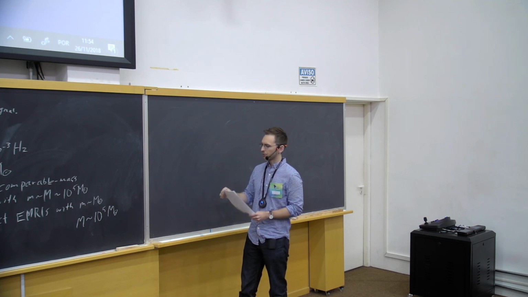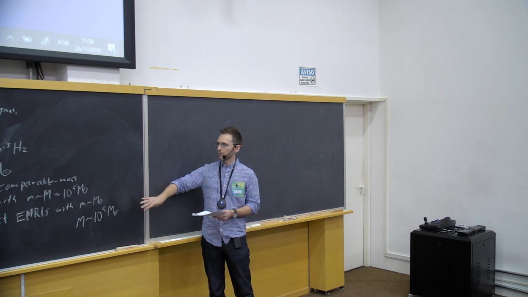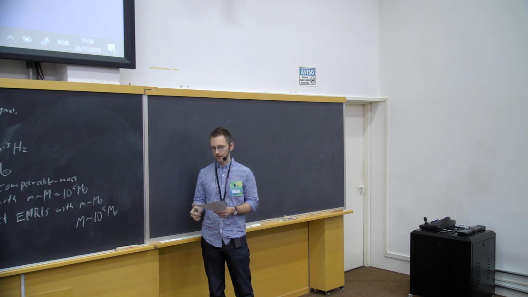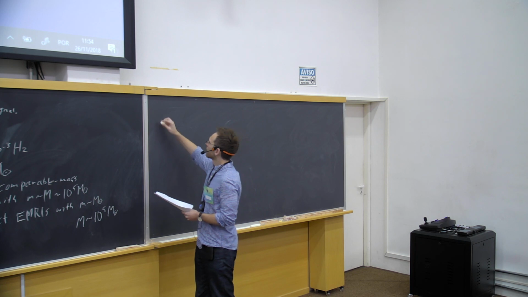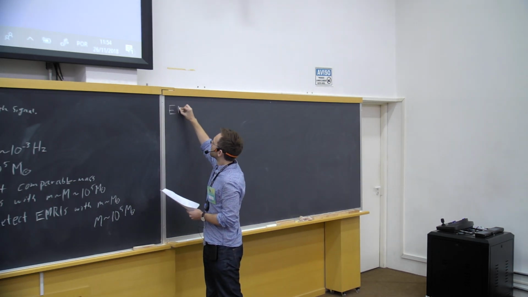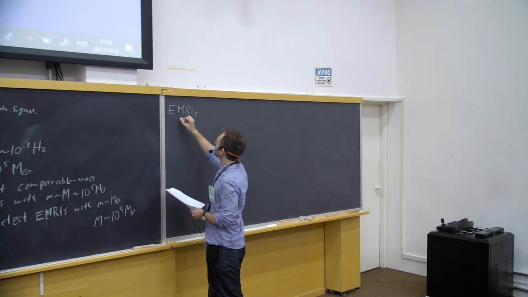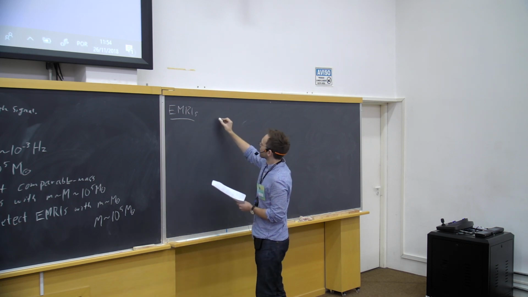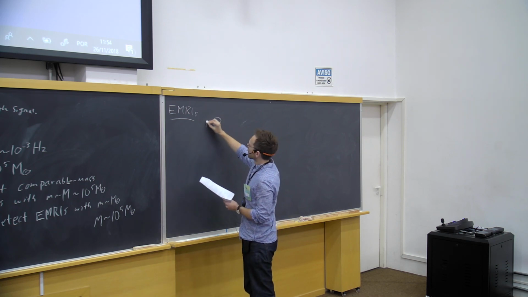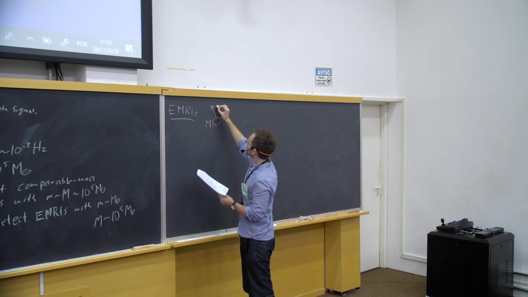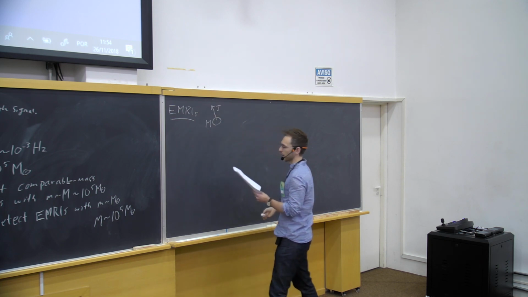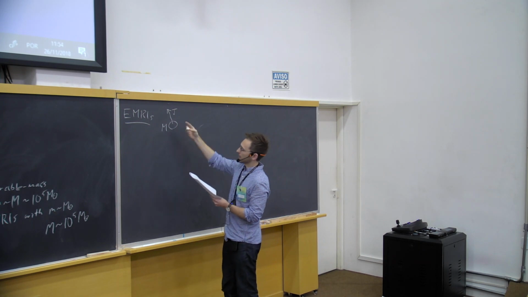And before describing how we model them, let me say why they're worth modeling, what's interesting about them. So EMRIs, here you have a supermassive black hole with some large mass and angular momentum, or spin.